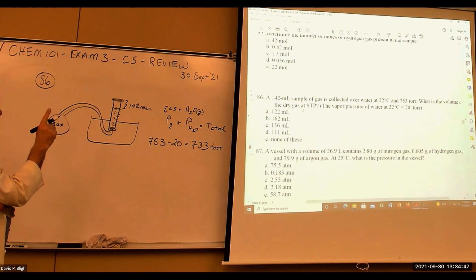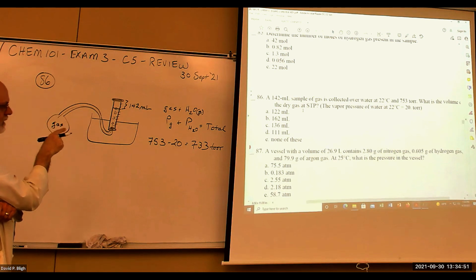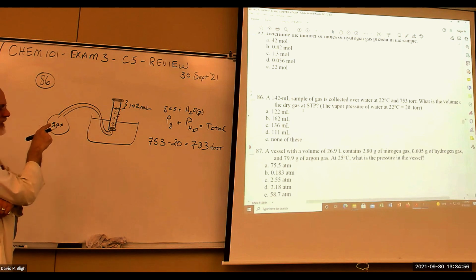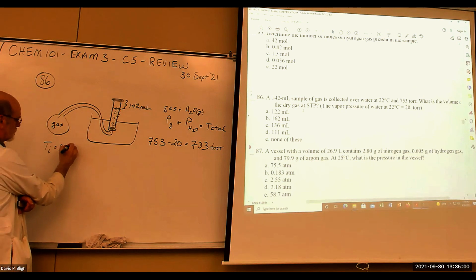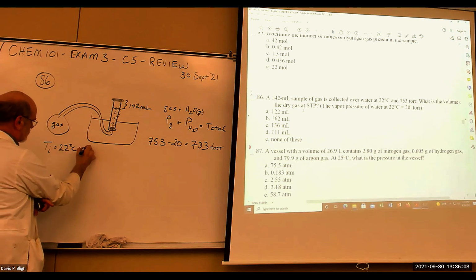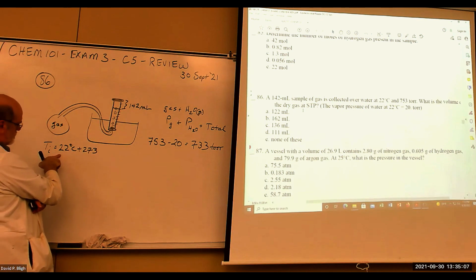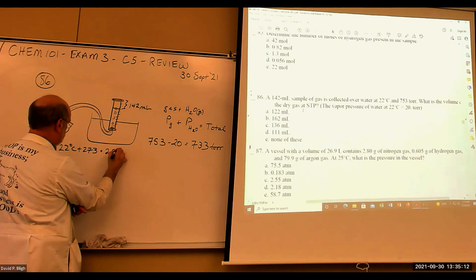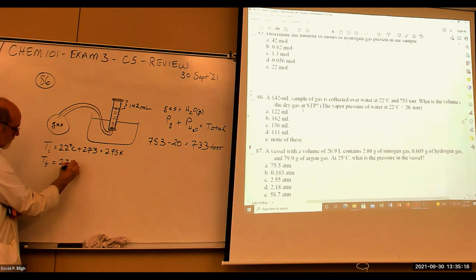Now we need to find out what the volume is at STP, standard temperature and pressure. Our initial temperature is 22 degrees C, which is 295 K. Standard temperature, our final temperature, is going to be 273.